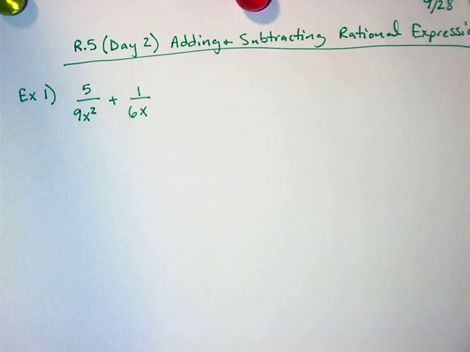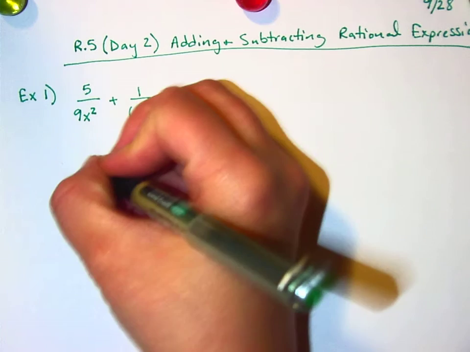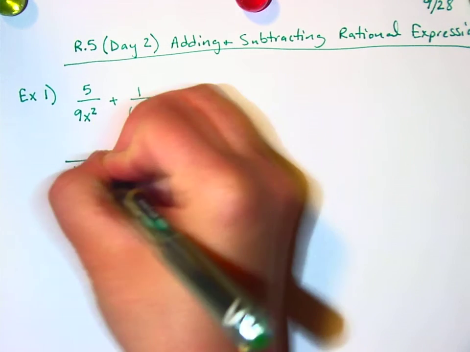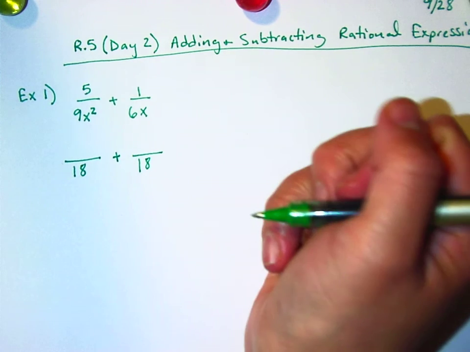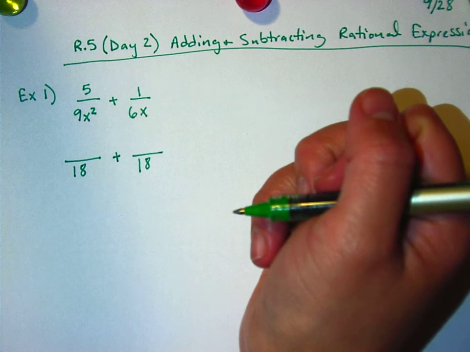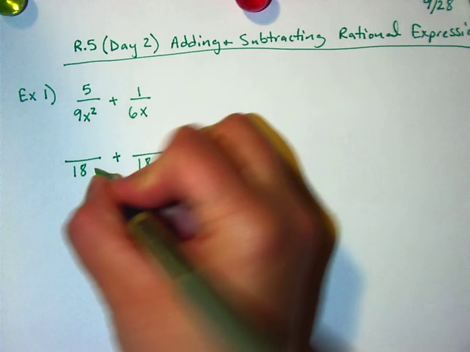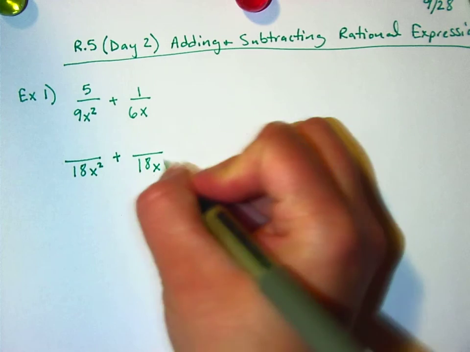Well, 9 and 6 both go into 18. And let's see, we need something that x squared and x both go into, so x squared should cover both of those.